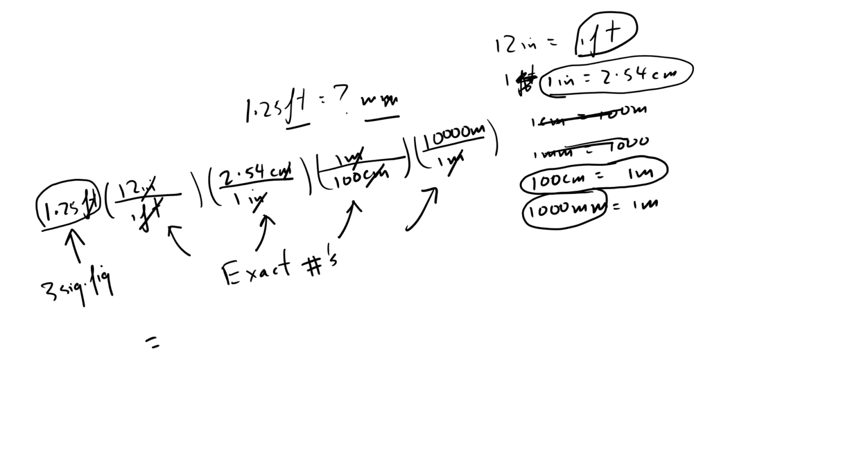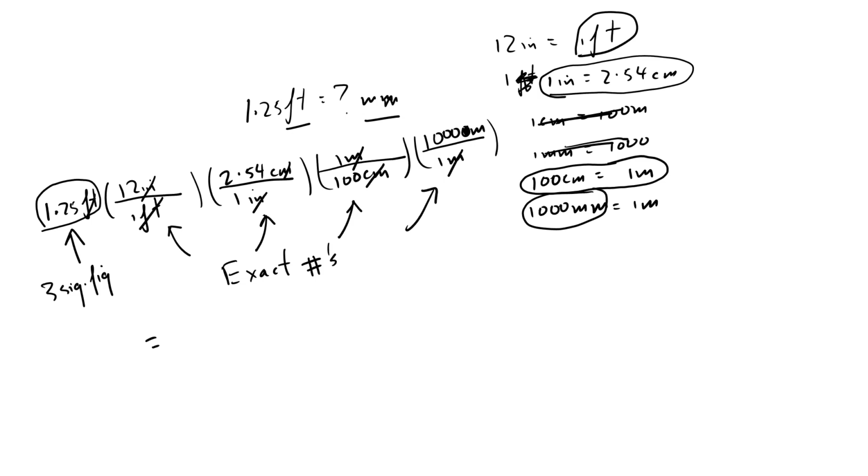So let me do the calculation. So 1.25 times 12 times 2.54 divided by 100 times 1,000. And I just realized that this should be 1,000 here. So let me just scratch out this 0 right here. All right.